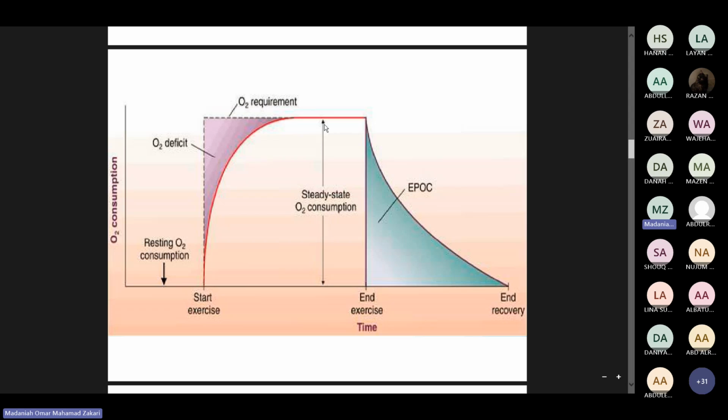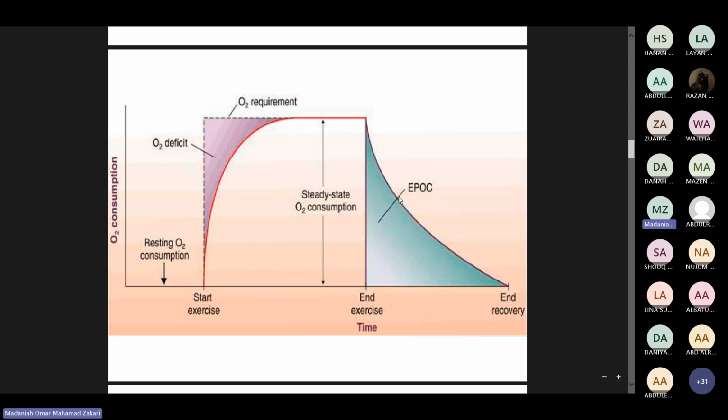And then after you've done your exercise, you stop abruptly, and your oxygen consumption changes. Of course it changes: it decreases gradually, and that gradual decrease of oxygen consumption is because of oxygen debt.